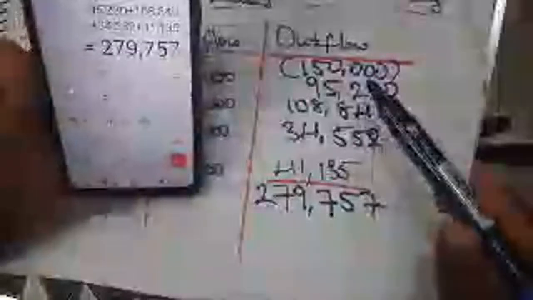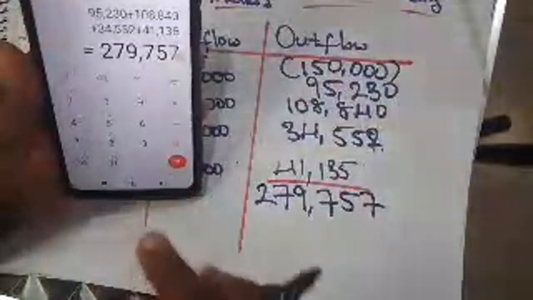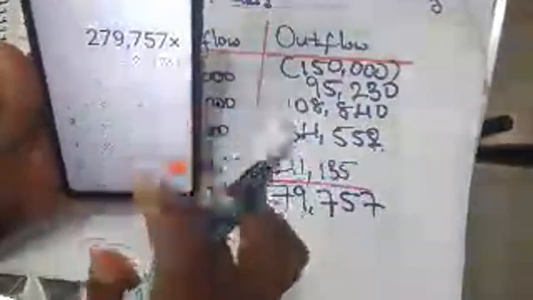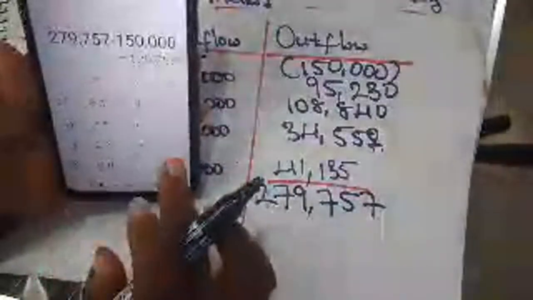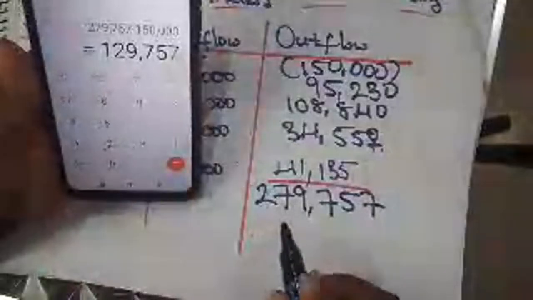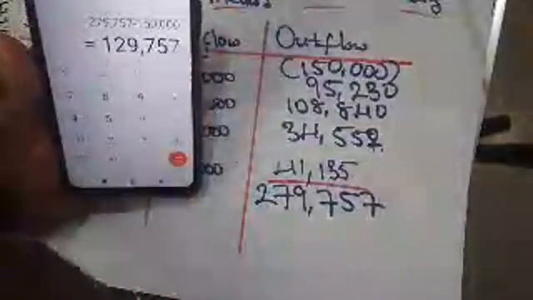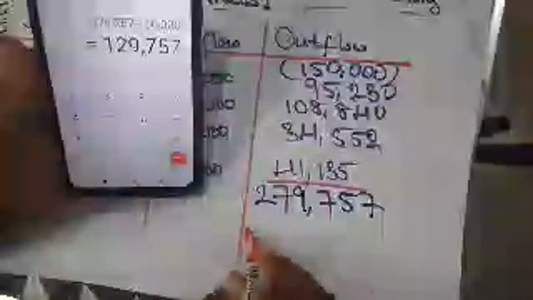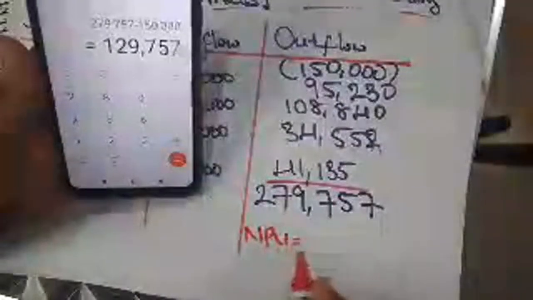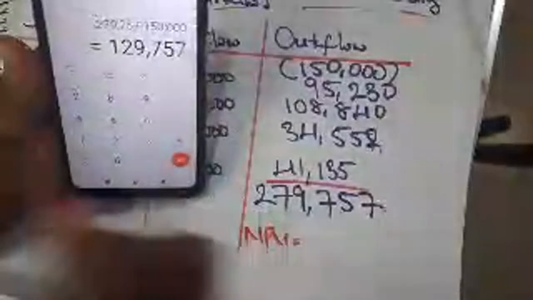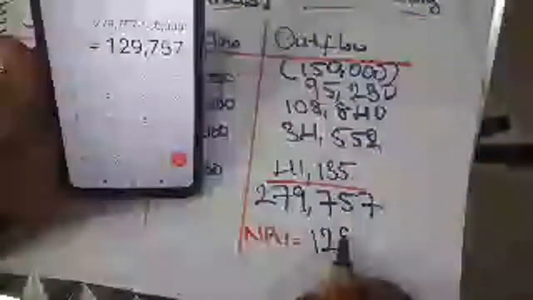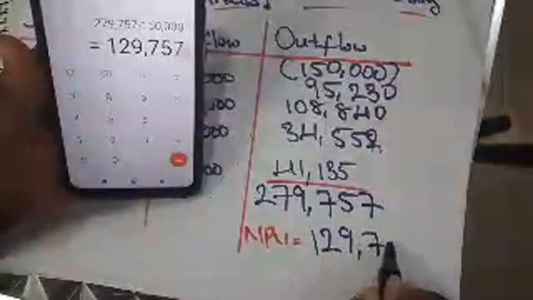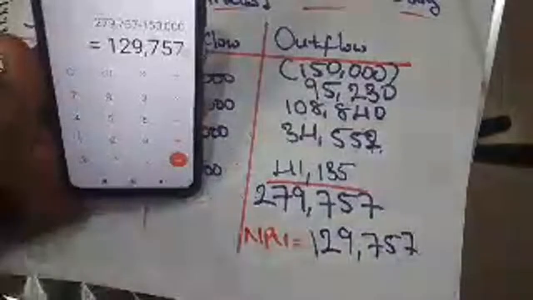You deduct the initial outlay from this, minus 150,000. So our net present value is 129,757.